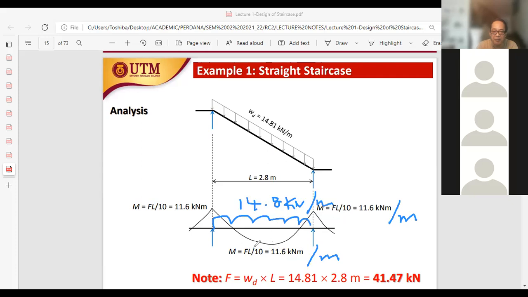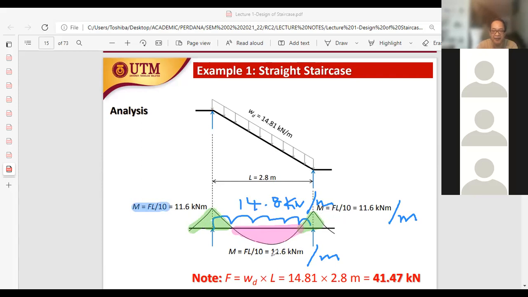The bending moment is obtained by using this equation. Only two equations you have to remember. FL/10 for continuous, and the value is the same for either negative bending moment or positive bending moment. The value is the same.